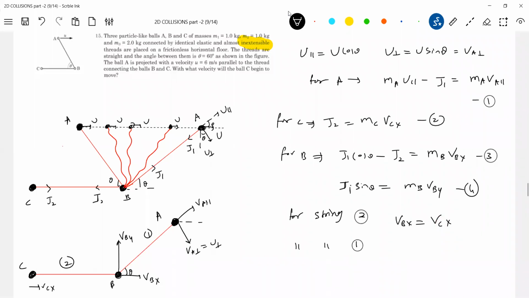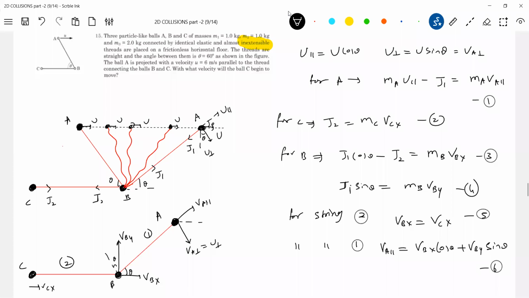For string 1, VA parallel must be equal to VBX cos theta plus VBY sin theta. This is equation 5. Solve it and you'll get the required answer.